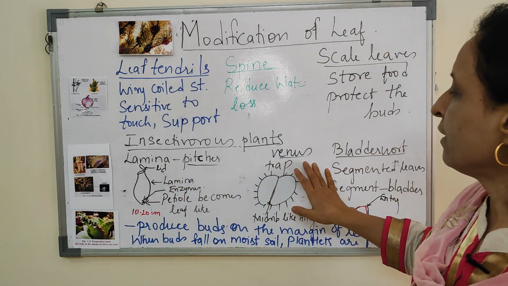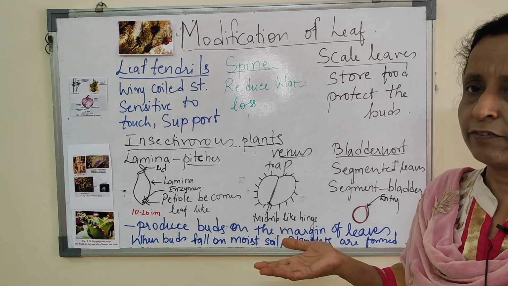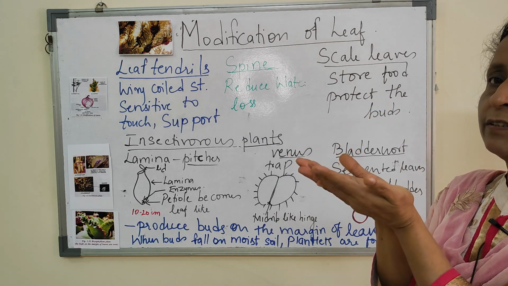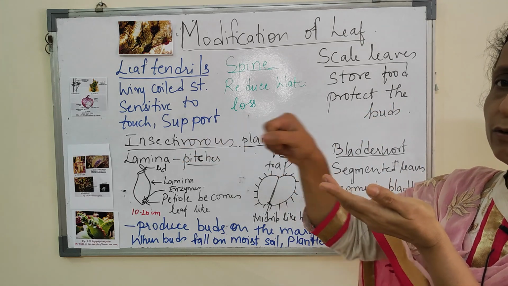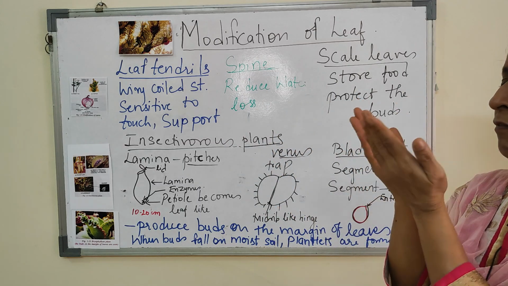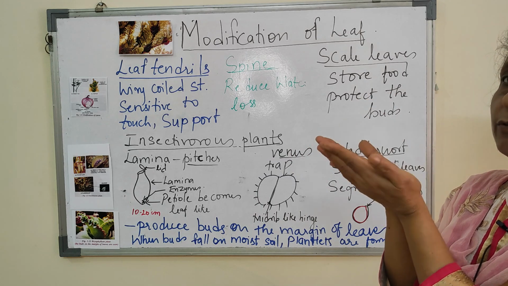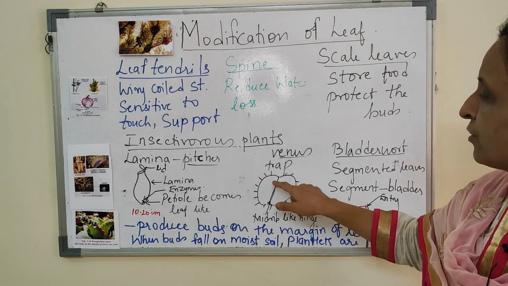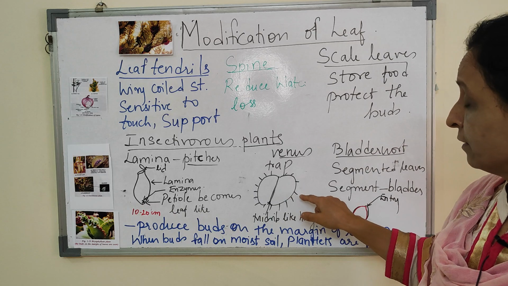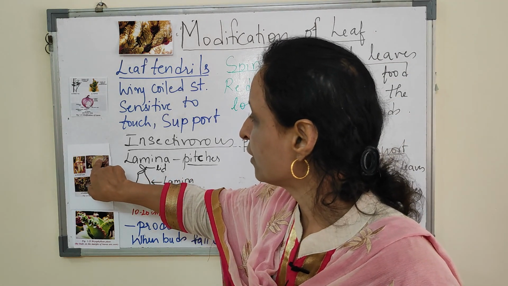Then similarly the Venus Trap. They do the same thing, but their modification is slightly different. The midrib is modified like a hinge. Hinges, when you open and close the door, there is a hinge. That is why you are able to open and close the door. In the same way, in this trap the midrib is changed into a hinge. It can move like this. And there is a hairy structure to trap the insects. The insect will sit on this hairy or spine-like structure.